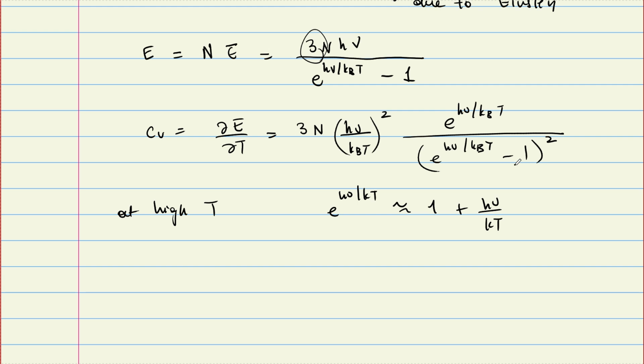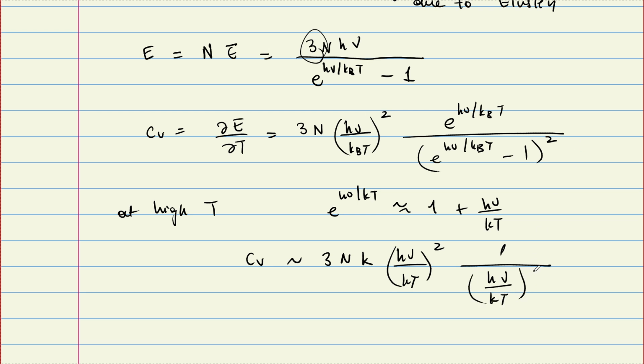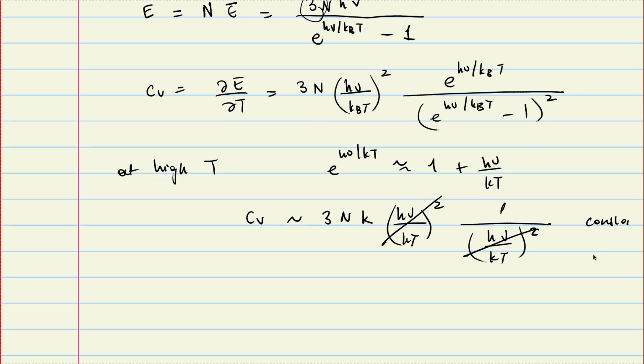This one is going to cancel this one, so this is going to be effectively 1, and C_V is going to be 3 N k, h nu over kT squared, the 1 over 1's cancel, and I have h nu over kT squared, and this one is going to cancel this one, and this is constant, which is Dulong-Petit, as it should be.